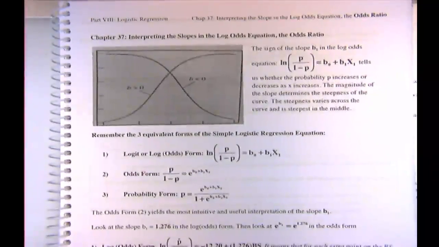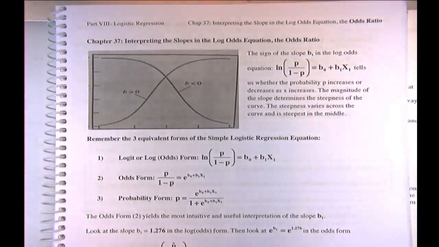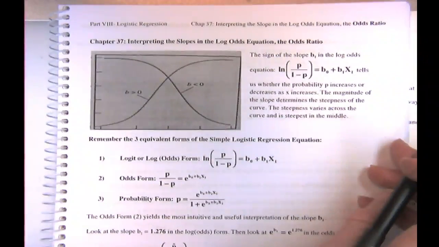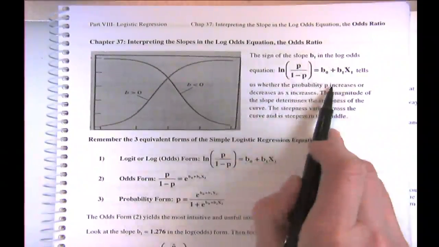All right, so now this is what people sometimes have difficulty with, interpreting the slopes in the log odds equation. What do those slopes mean? First of all, what does the sign of the slope mean in the log odds equation? So here's our log odds equation.